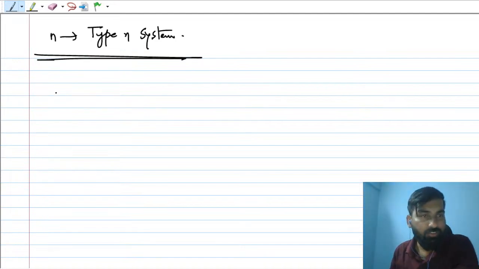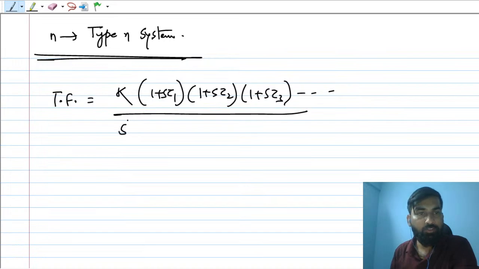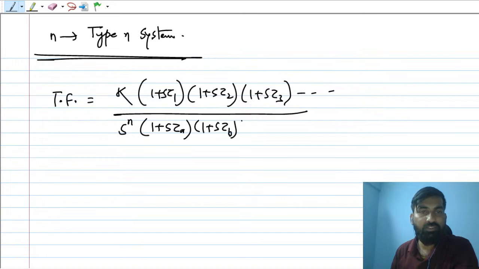Whenever the transfer function is in time constant form, you can say K times (1 + sτ1)(1 + sτ2)(1 + sτ3) and so on, upon s to the power n, (1 + sτa)(1 + sτb)(1 + sτc).